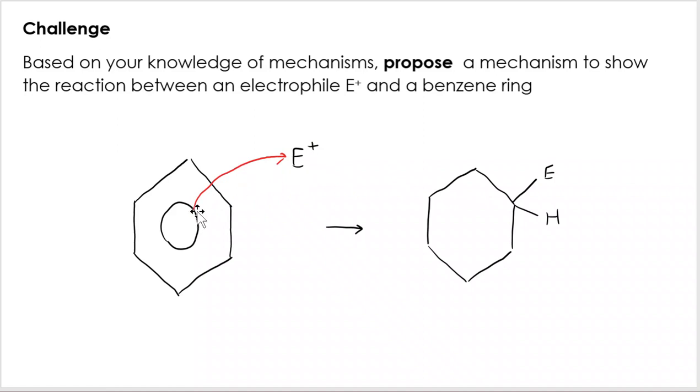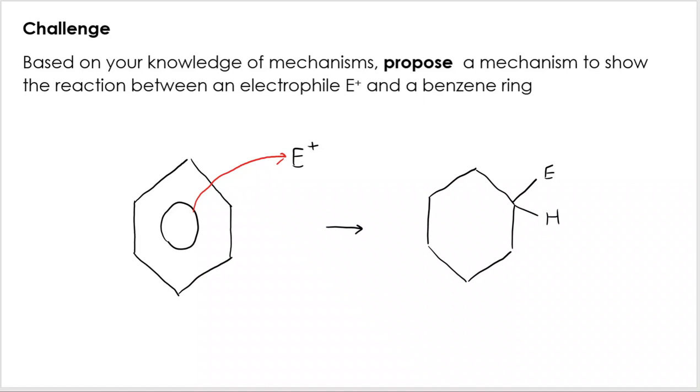Because my curly arrow has passed through this part of the benzene ring, my E would have to be added on this carbon or this carbon for it to be valid and correct. It also means that I now have to draw the H coming off there. That's because it becomes an important part of the progress of the mechanism from this point on.